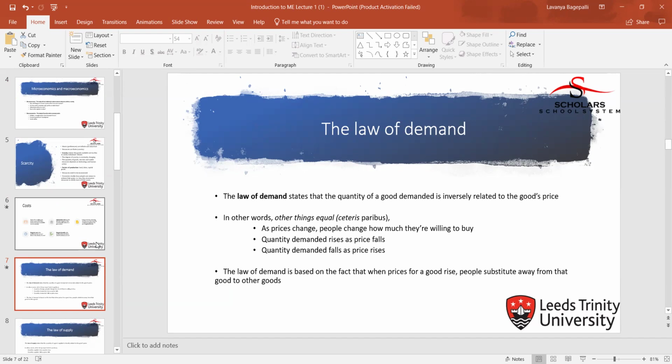The law of demand states that the quantity of a good demanded is inversely related to the good's price. Let me put it in simple words for you.